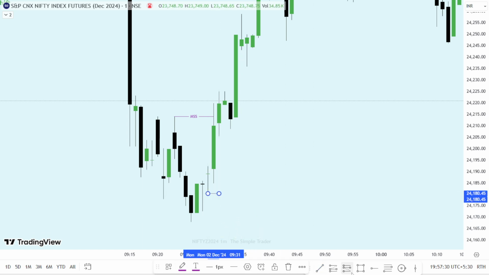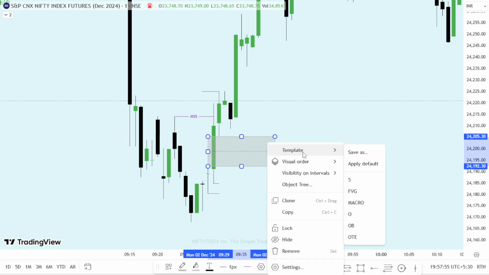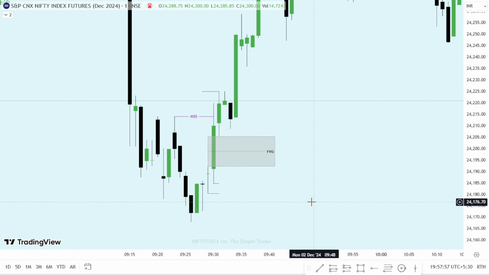This is the first candle, this is our second candle, and this is our third candle. When there is a gap between the first and the third candle, we have an inefficiency. This is called a fair value gap.